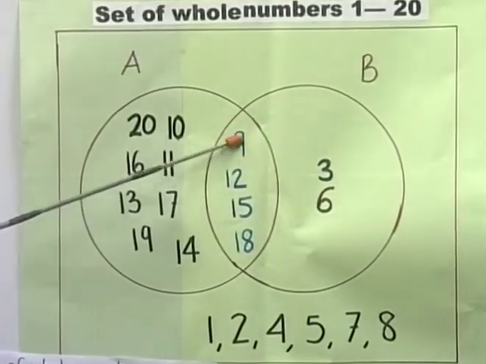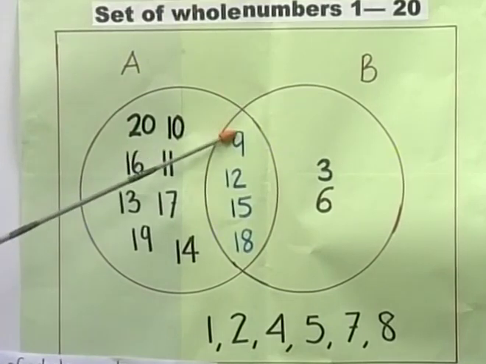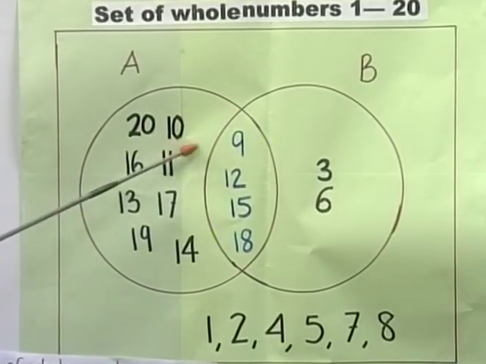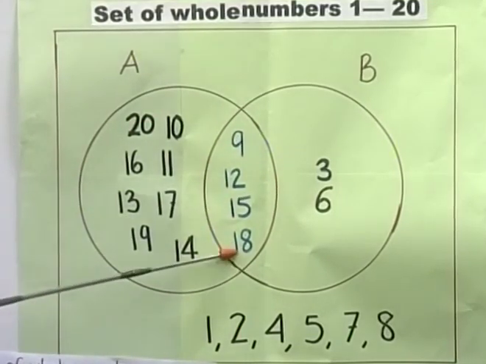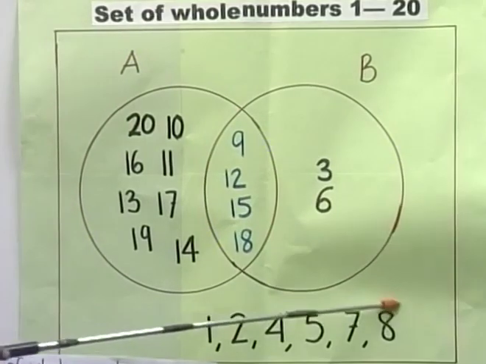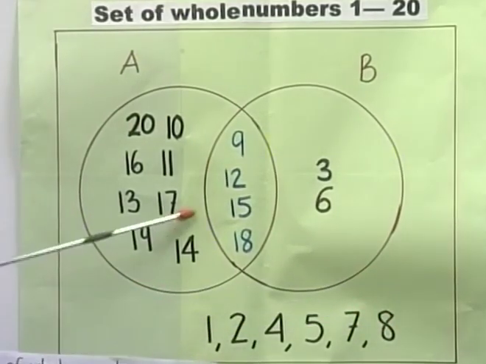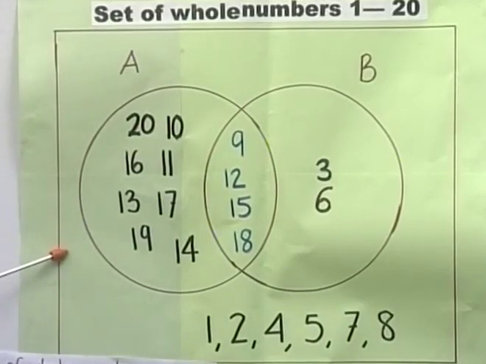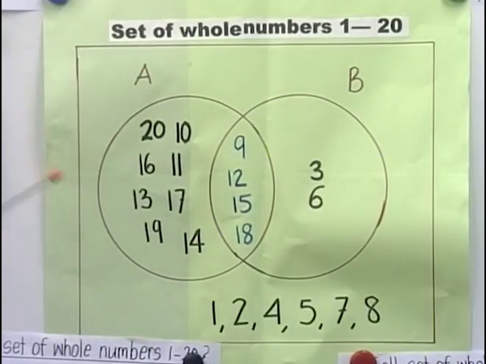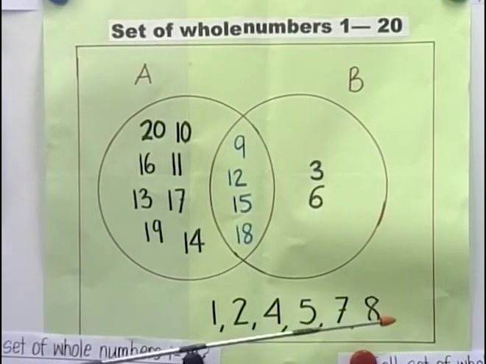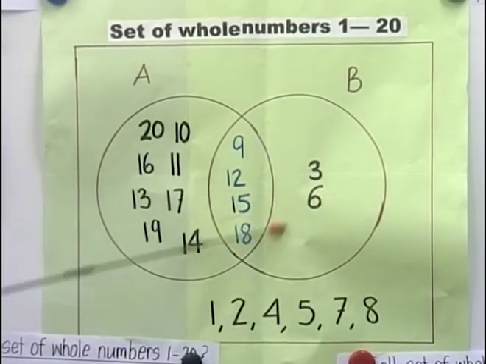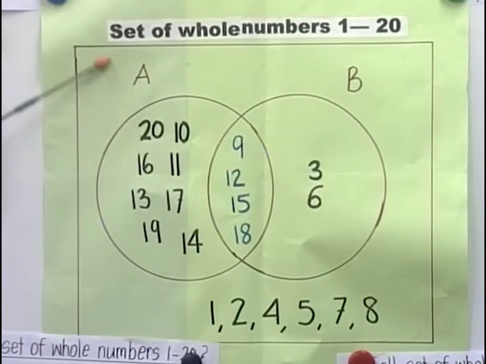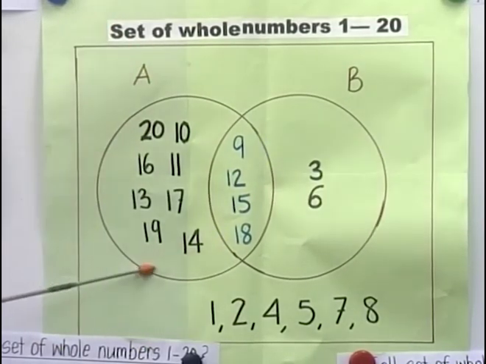The intersection, or numbers which are common: 9, 12, 15, and 18. The numbers which are not common, but are part of the set: 1, 2, 4, 5, 7, and 8. So you should have something like this presented on your Venn diagram.